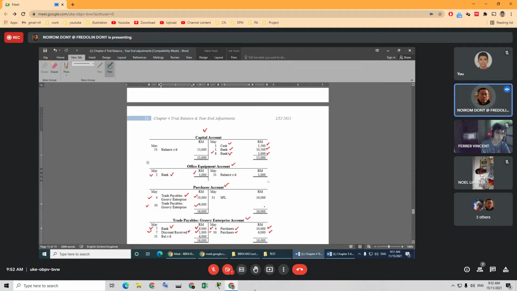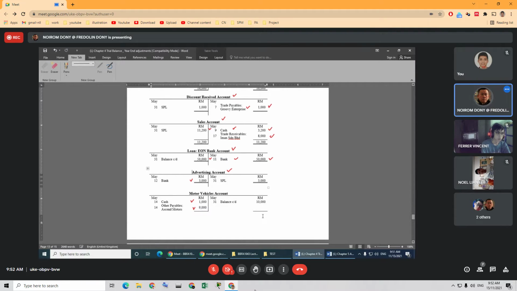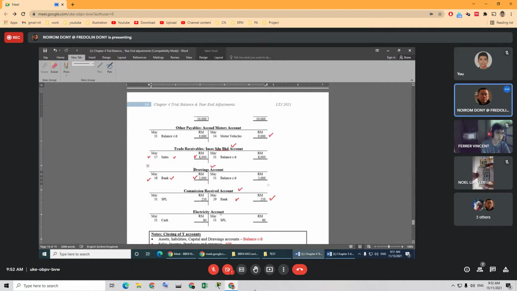Then the last one is paid office electricity by cash 16. So open up the electricity account. So this is the electricity account, and this is an expense. So before we didn't have electricity, but now we have this electricity expense. So it is a debit item, increase. So we do a debit increase 16.